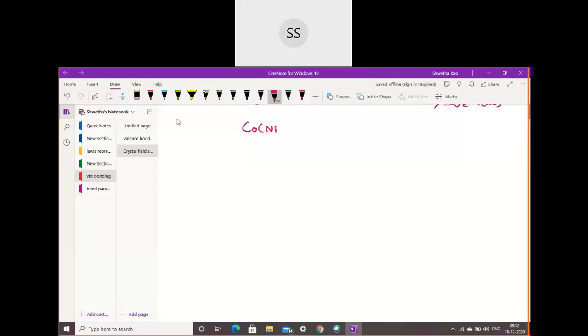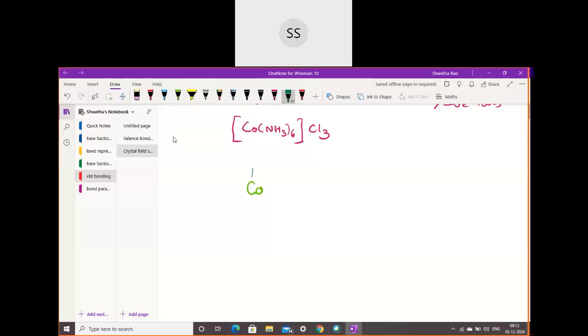See, I'll take one example now to represent primary and the secondary valencies. I'll take that same example which I took that time, that is Co(NH3)6Cl3. In this case, we write the cobalt in the center, and then it is surrounded by 6 ammonia ligands.